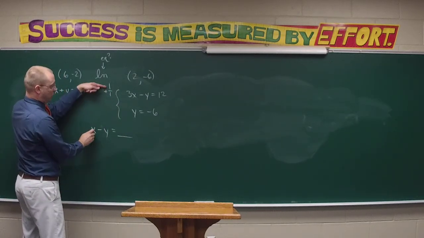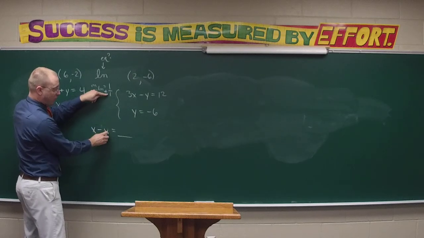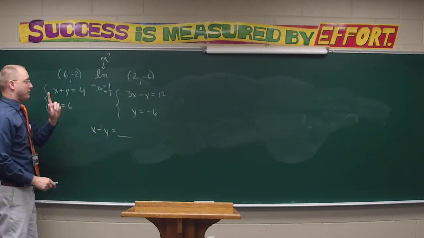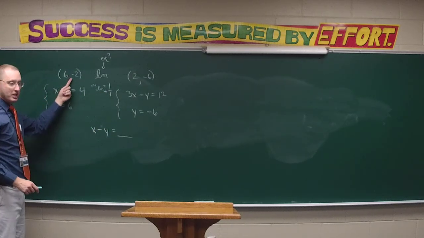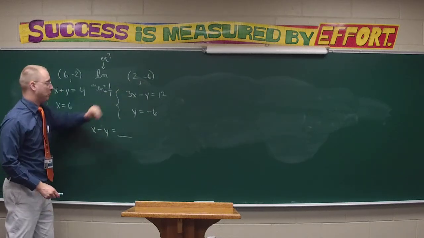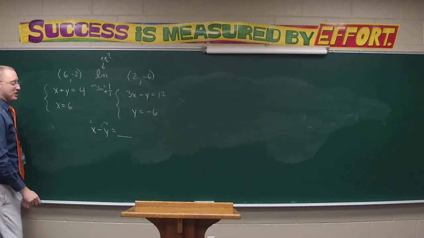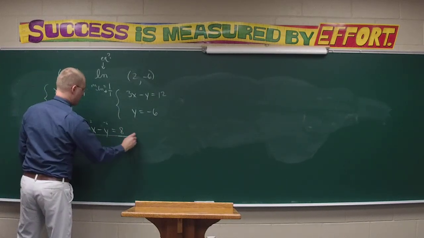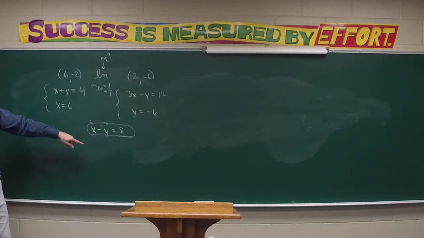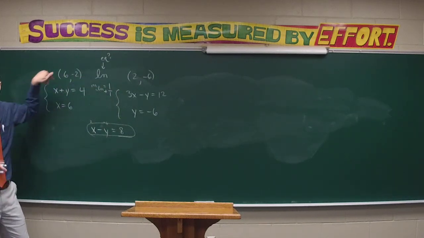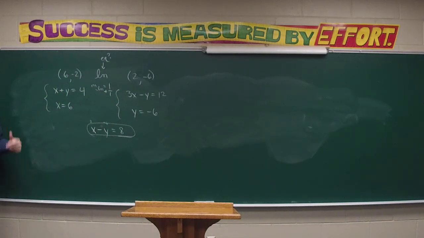Positive 1 over 1 means 1x minus 1y equals something. Now, to figure out the something, I can take either point through which the line goes. I'm going to take the (2, -6). What's the end of the equation? 8. There we go. That's the line through the points of intersection of these two systems. Does that make sense?